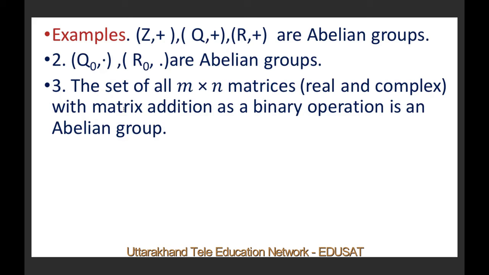These form groups, and they are abelian groups because multiplication is also commutative in the set of real numbers as well as rational numbers: 3 into 2 is equal to 2 into 3. The set of all m by n matrices, whether real or complex, with matrix addition as the binary operation, is an abelian group.